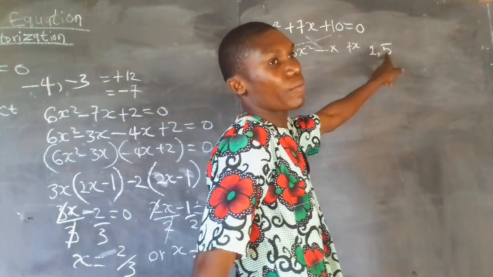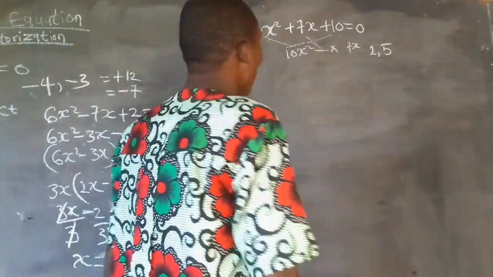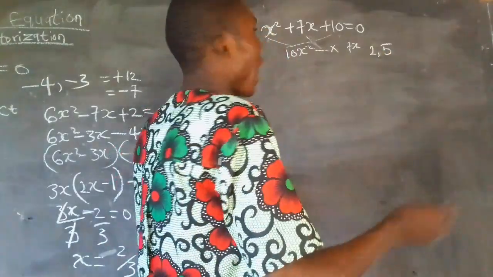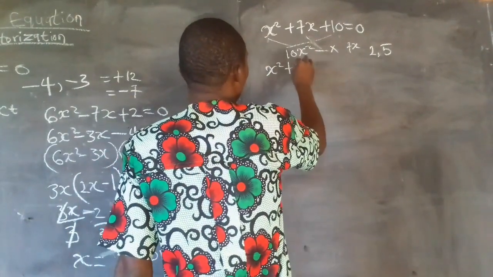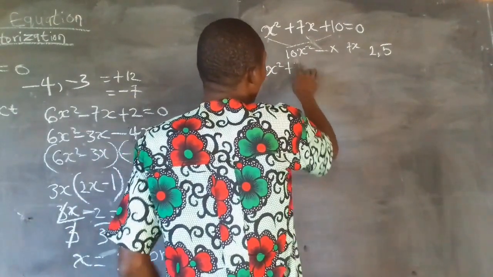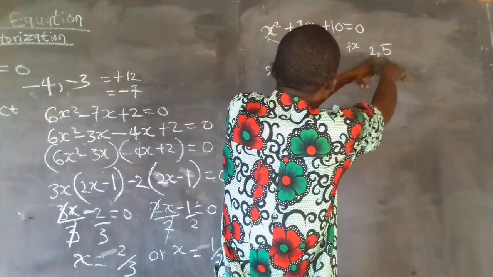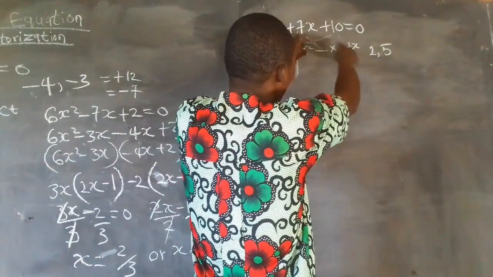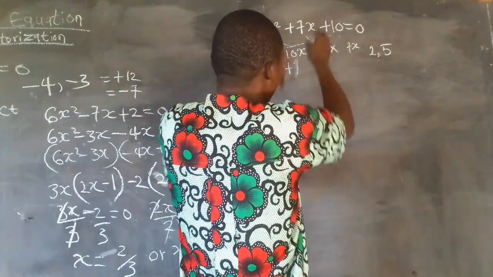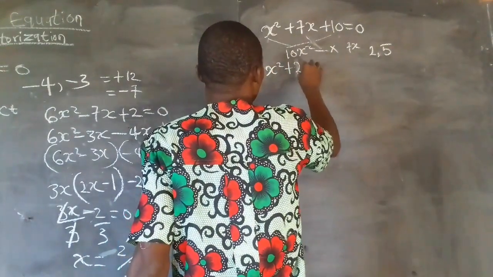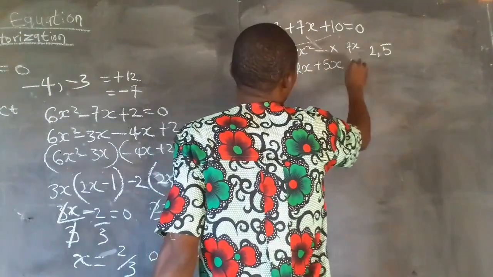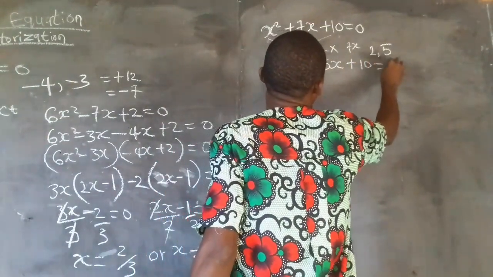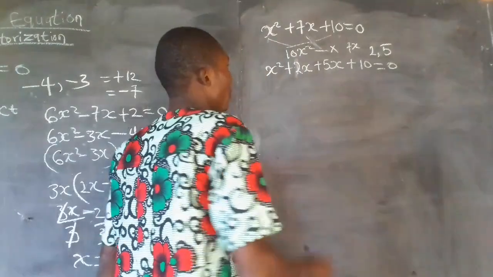Then 2 times 5 will give you 10. So having this, we are good to go. So we have that our x squared plus, now let's use this 2 and 5 to replace the 7. 2x plus 5x plus 10 is equals to 0.